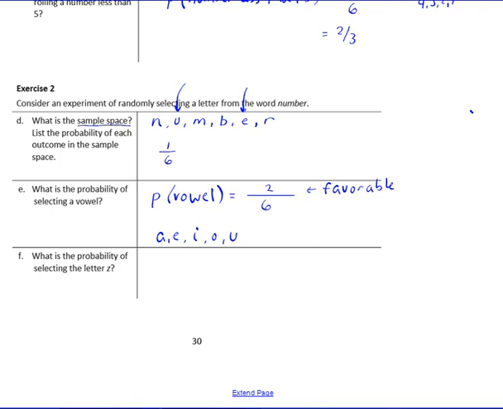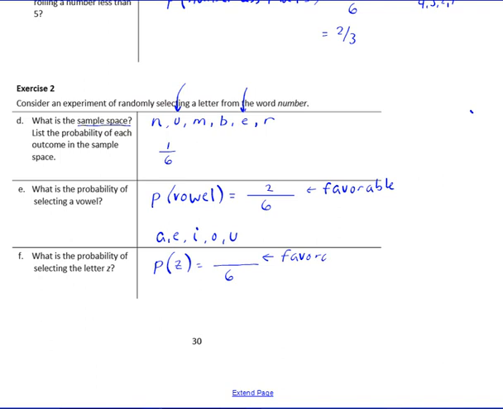Letter F. What is the probability of selecting the letter Z? How would you write that with probability symbolism? You would use probability parentheses Z. The denominator is the number of possible outcomes. There are 6 possible outcomes, the different letters in the word. The numerator is the number of favorable outcomes.